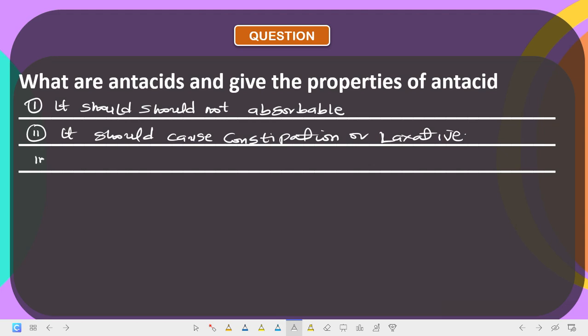Then another thing is it should be rapid and its effects should be long lasting. Okay?